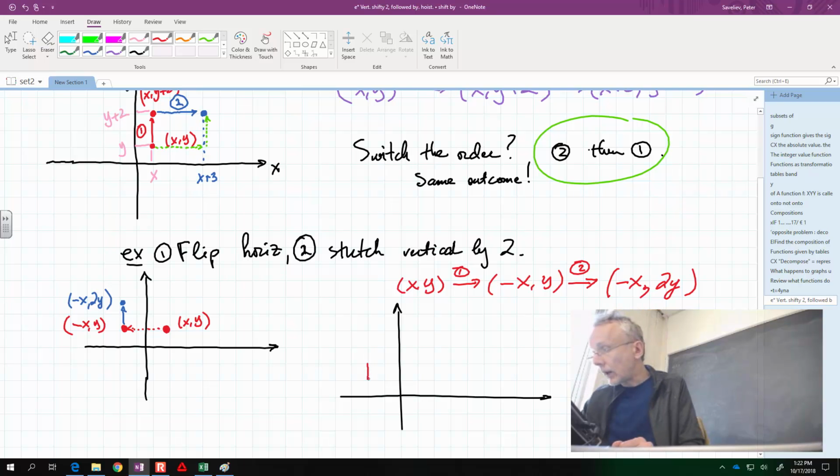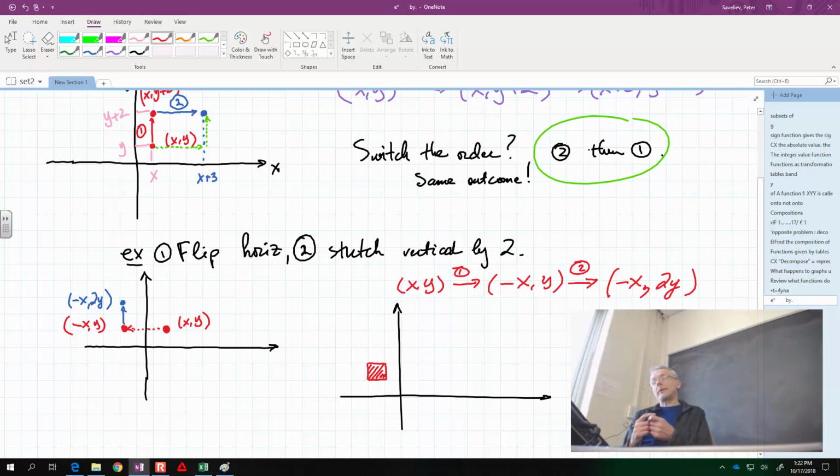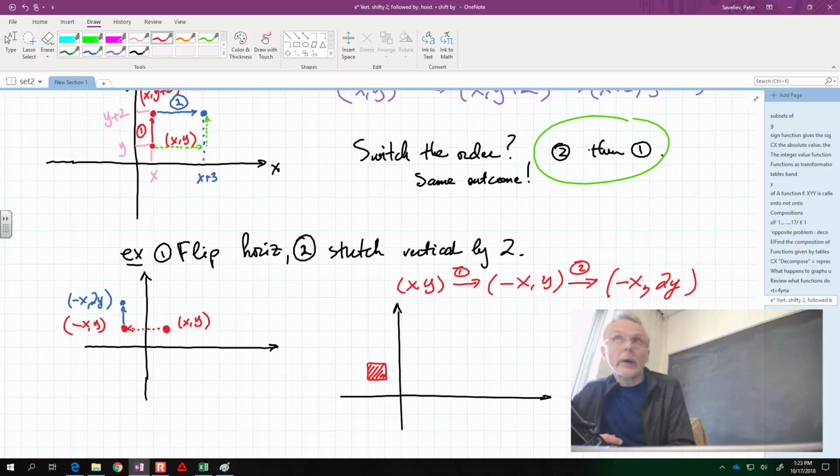Let me see what will happen to the square. So the square is plotted on the original xy plane, and now I'm carrying out the vertical stretch. You can still do it one point at a time. What's going to happen to this square, you can tell right away from the verbal description.